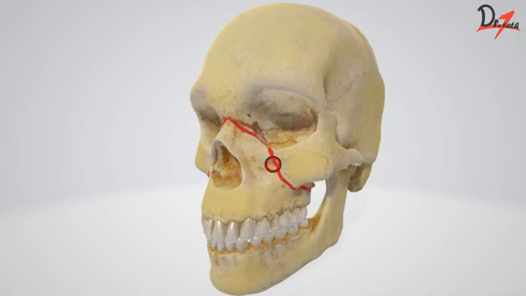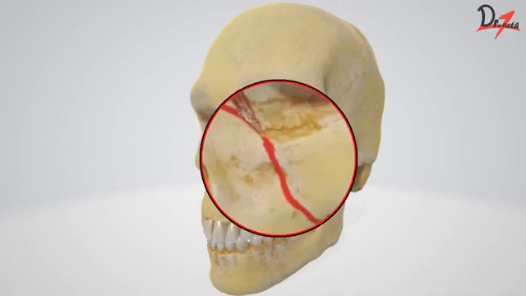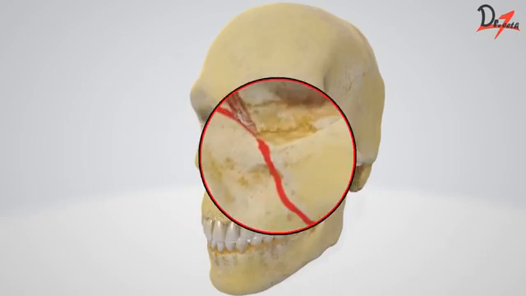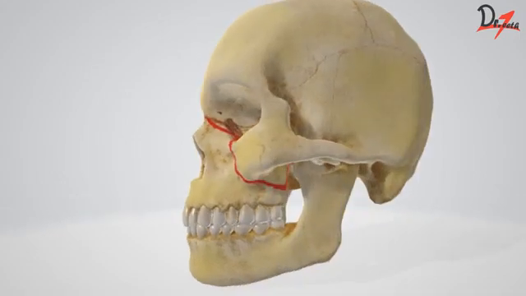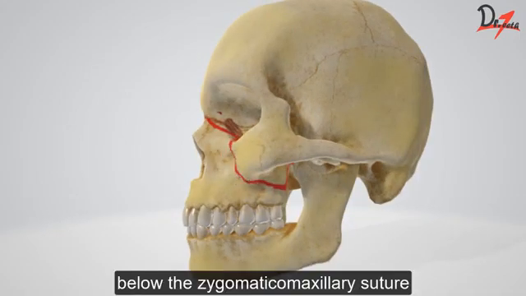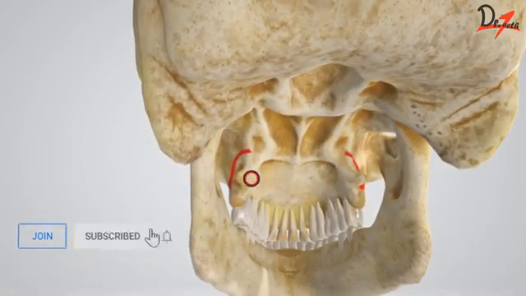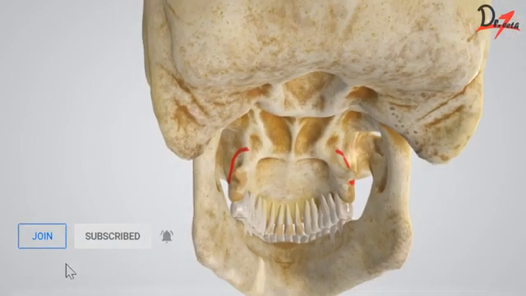Coming down here it crosses through the infraorbital foramen, just through it, or it goes medial to it, right? And then it's going downward and backward and involving our pterygoid plates. Okay, so this was about the fracture line.